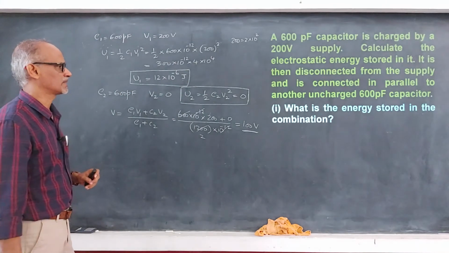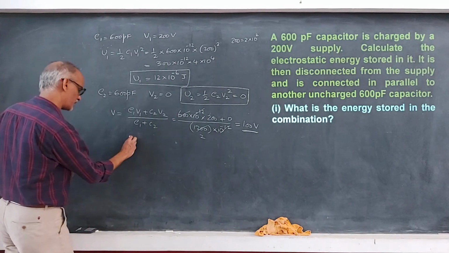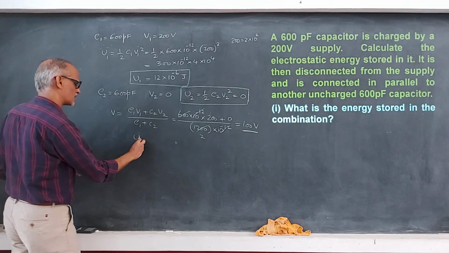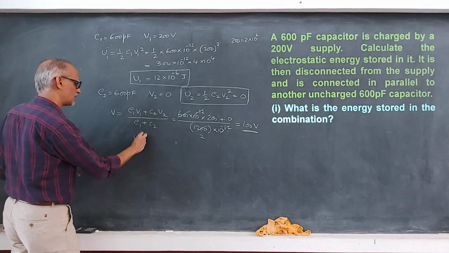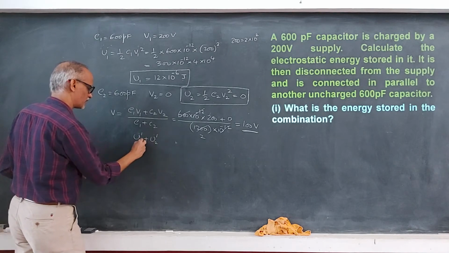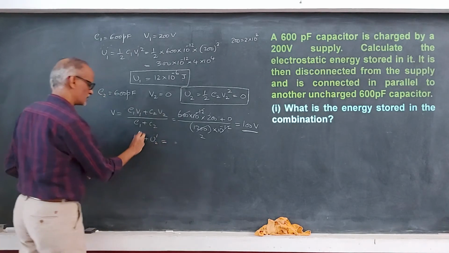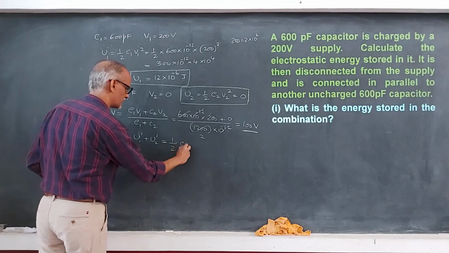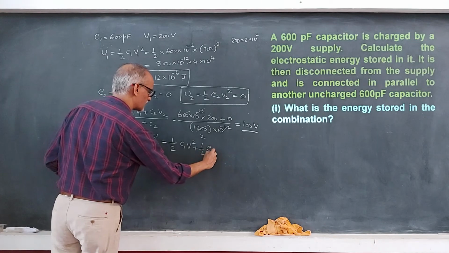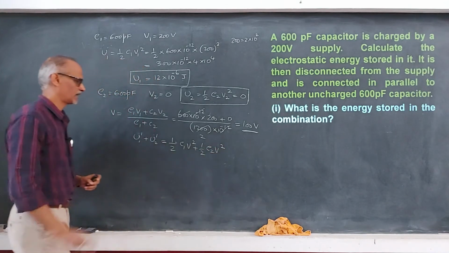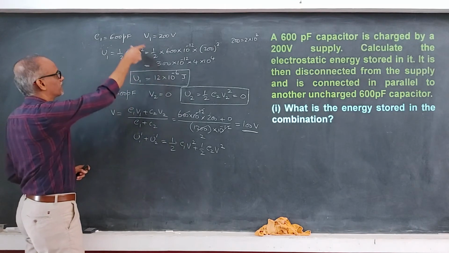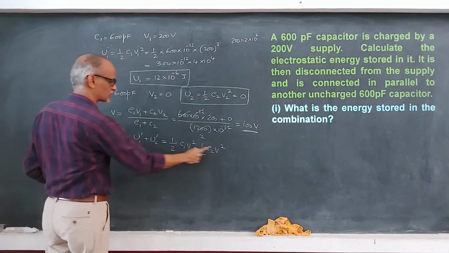So let us find what is the energy stored in the combination. Energy stored in the combination is after they are connected in parallel, which is U1 dash plus U2 dash. What is U1 dash plus U2 dash? It's half C1 V square plus half C2 V square, correct, after they are connected in parallel. Whatever we calculated earlier was before they are connected in parallel. This is after, with the potential the same.